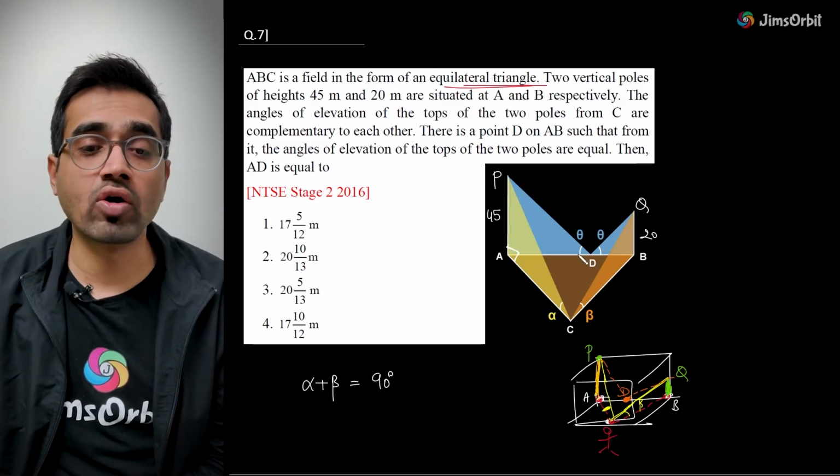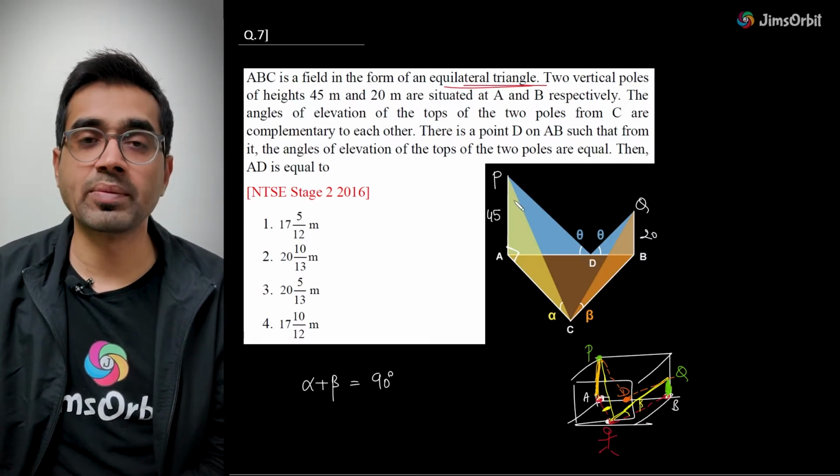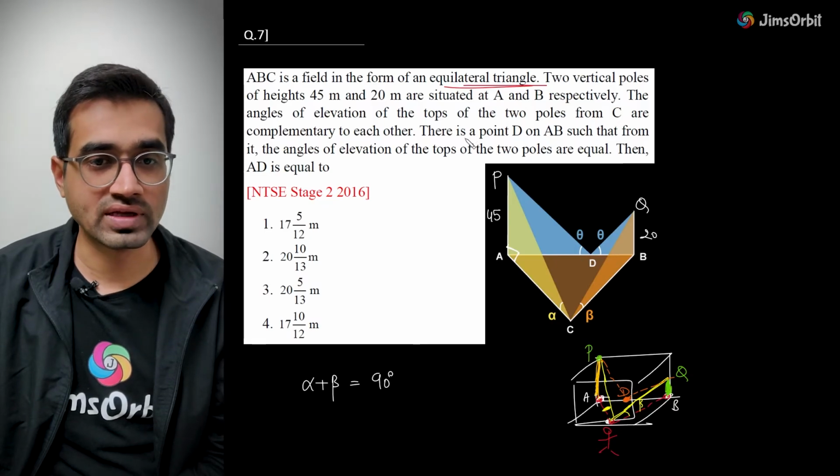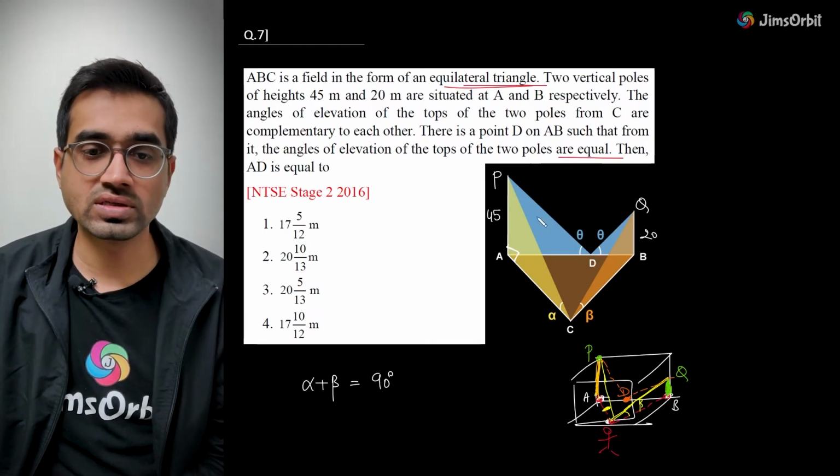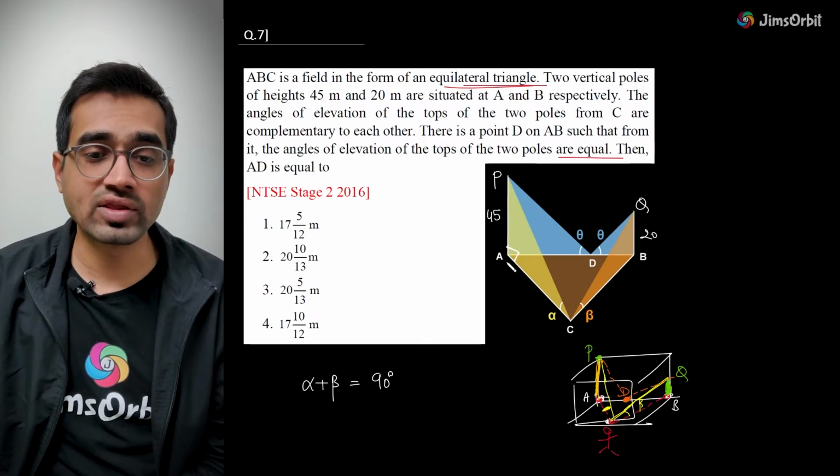These two angles are coming out to be equal. There is a point D such that the angles are equal this time. So this is theta. Then what is the length of AD?